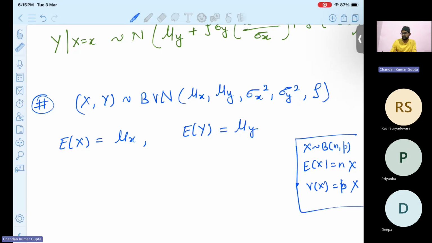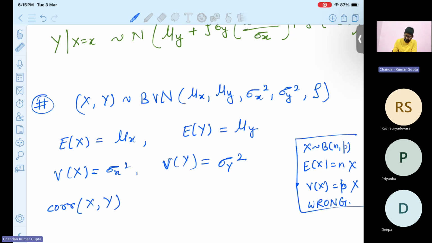But in the case of the normal distribution, the parameters themselves are the mean and variance. So mu_x, mu_y. Similarly, variance of x is sigma_x square, and variance of y is sigma_y square. And yes, there is also a correlation coefficient.